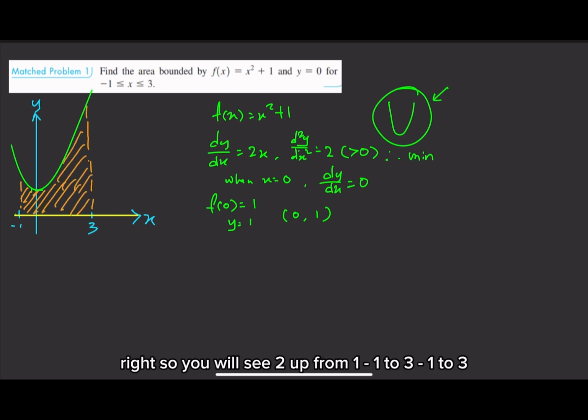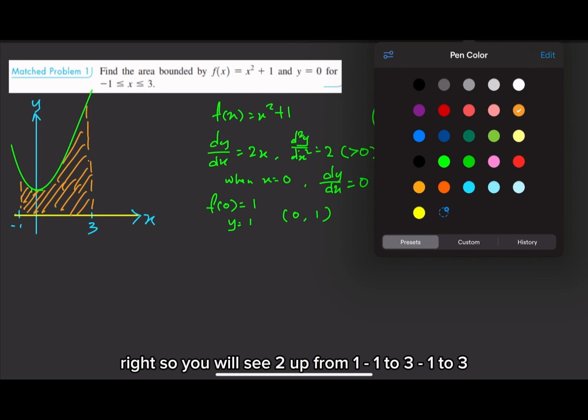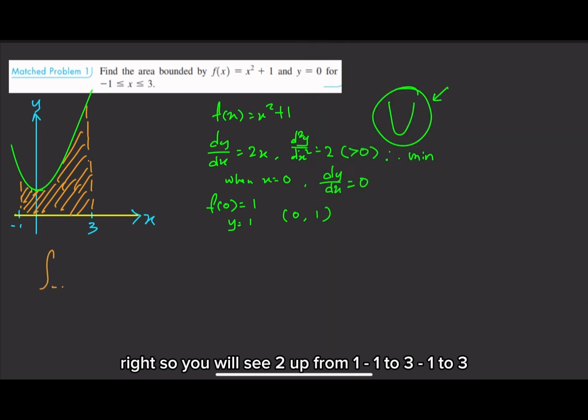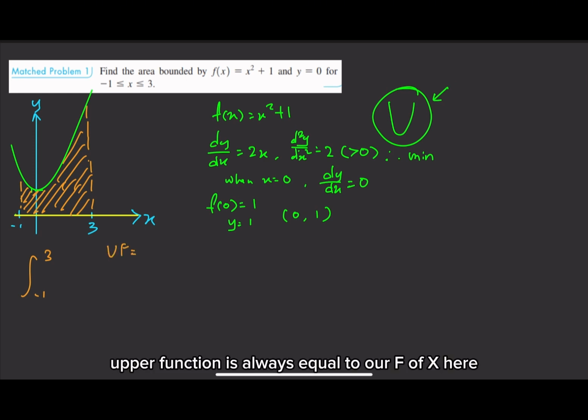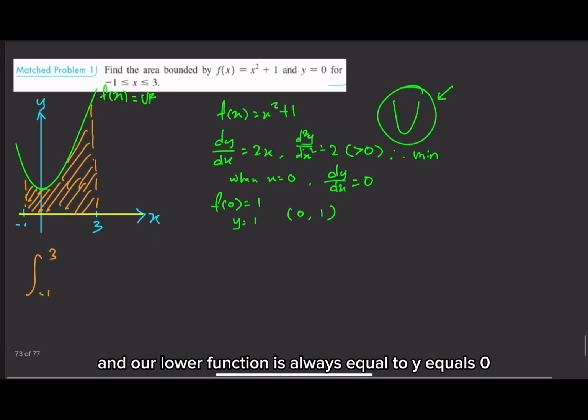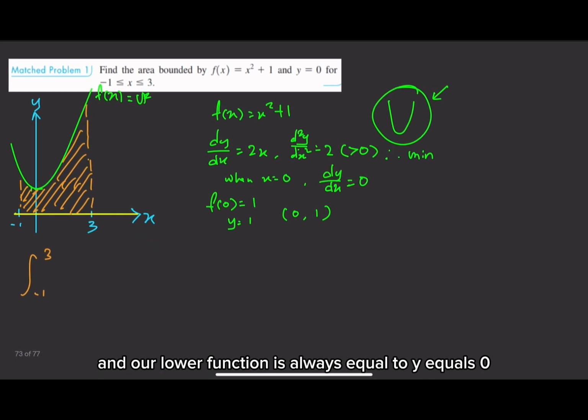So you will see throughout from -1 to 3, the upper function is always equal to our f of x here, and our lower function is always y equal to 0. So therefore, in order to solve the question, remember the upper function minus lower function, right?